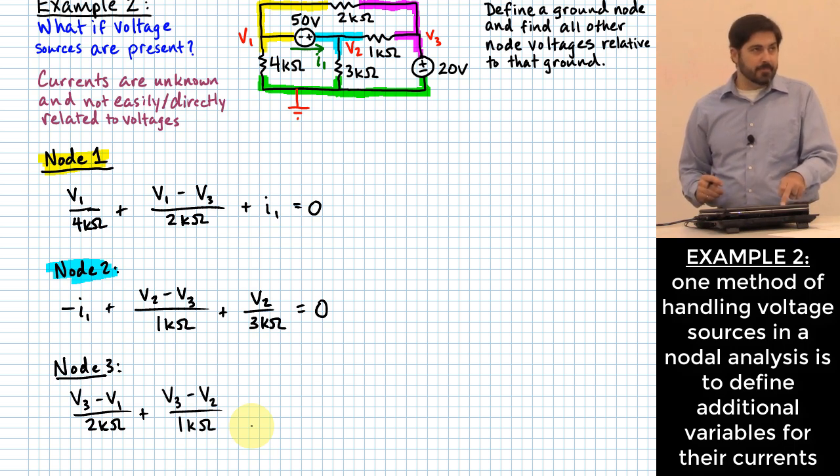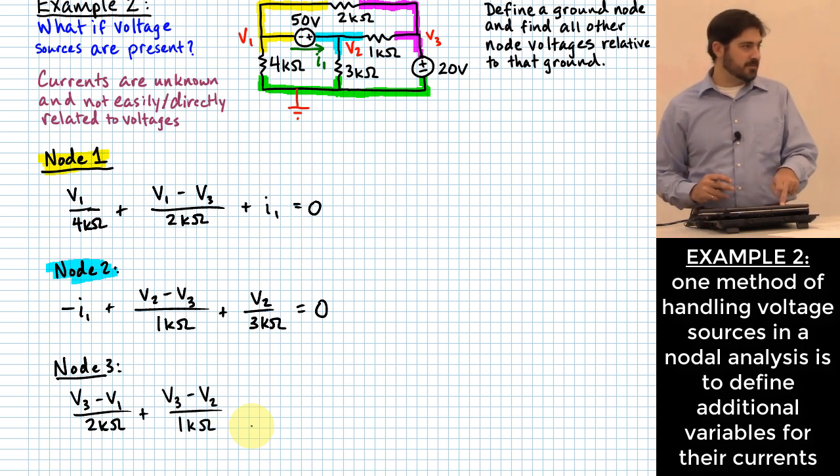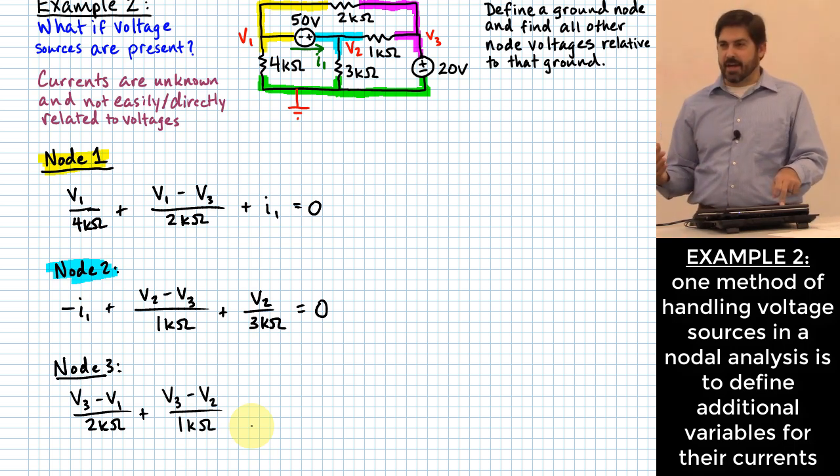Then what? All right. Now I've got this 20 volt source feeding V3, right? So what do I do with that?